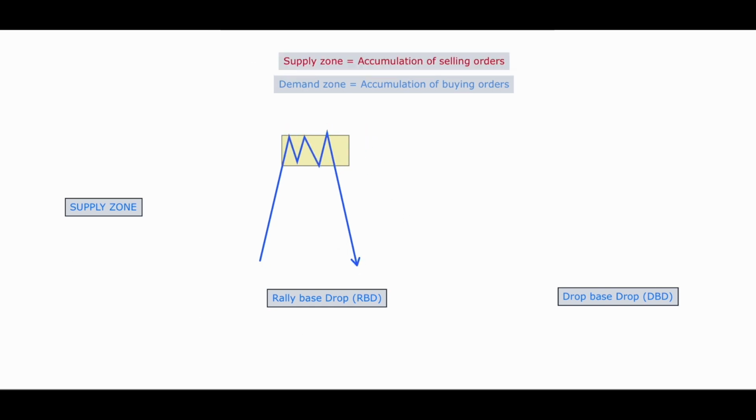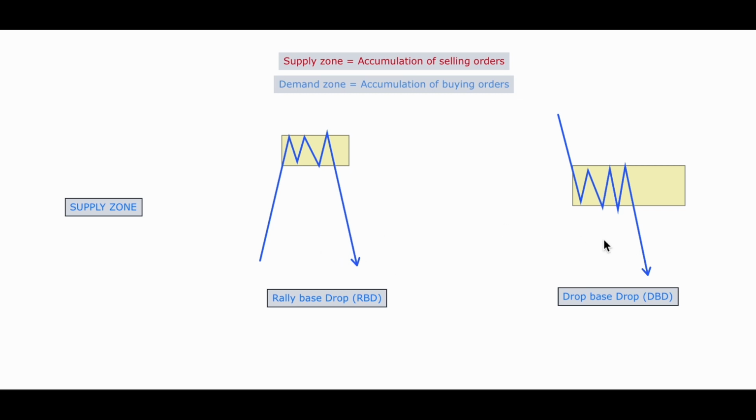The second type of supply zone is the drop base drop. This is how it should look: drop, base, then the price drops here. So this is the drop base drop. Then we plot the zone here and wait for the price to retest the zone, then we sell.